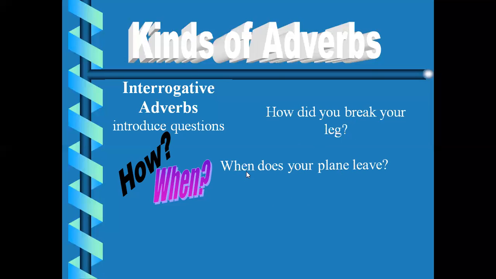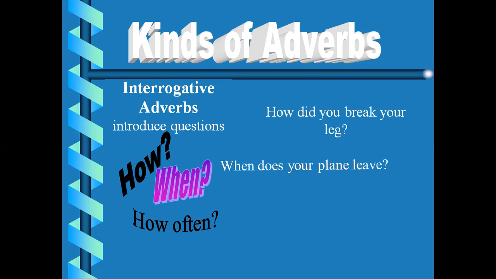So when you answer this question, you're going to say a time or a period in time, or something that happened in the past. How often? It means how many times.